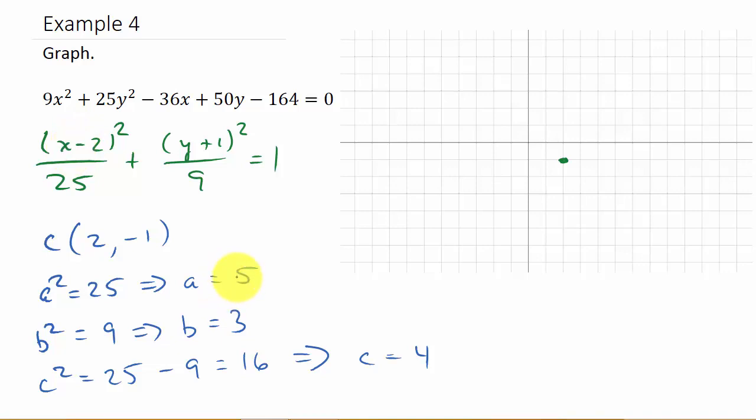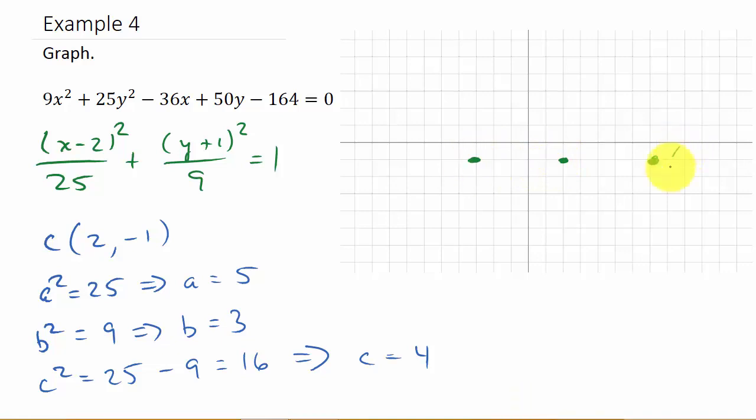What the a tells us, since it's under the x part, is how we move left and right. Okay, so since a is 5, from the center I go 1, 2, 3, 4, 5 units to the right, so I'll have a point there, and I go 5 units to the left, 1, 2, 3, 4, 5, and I have another point there.